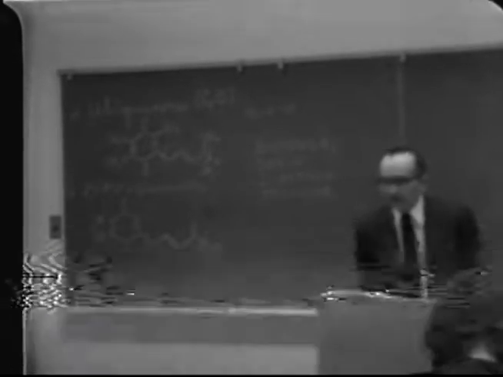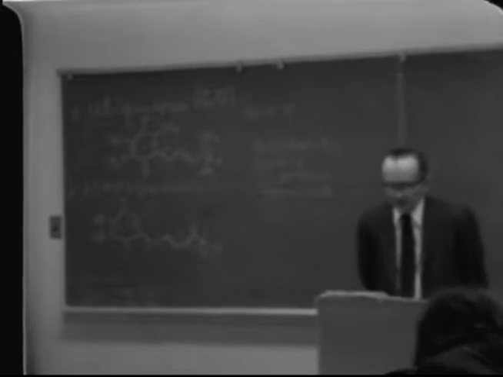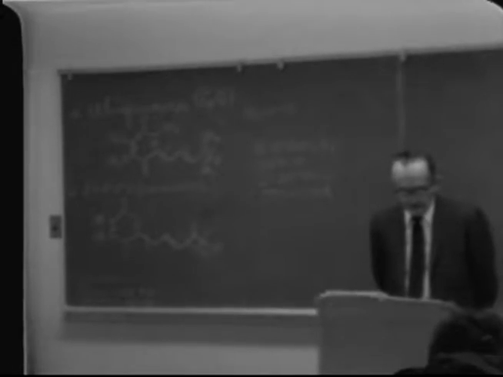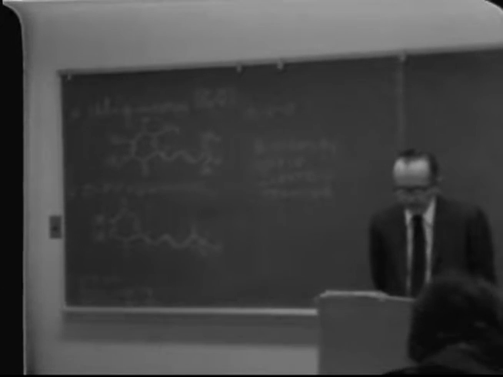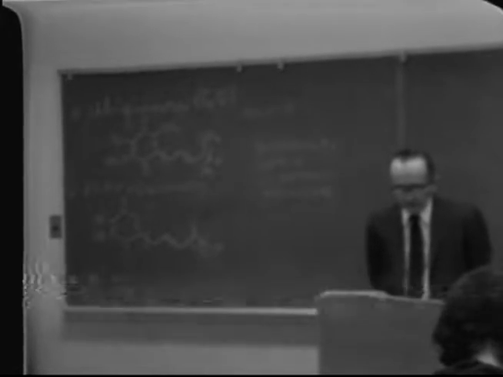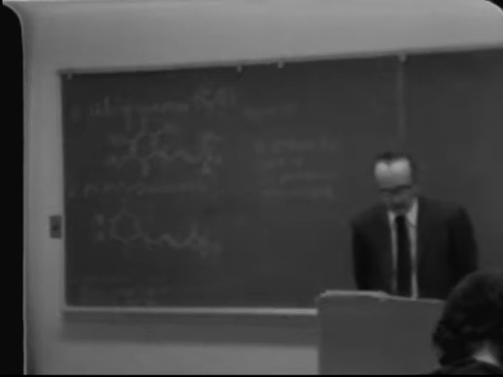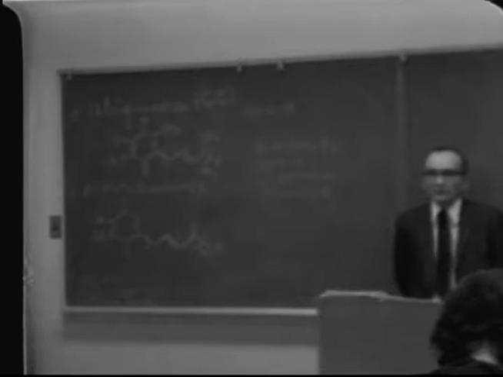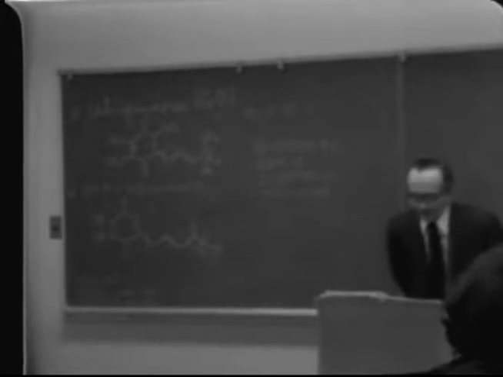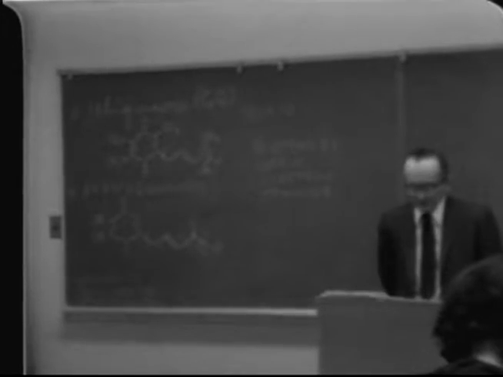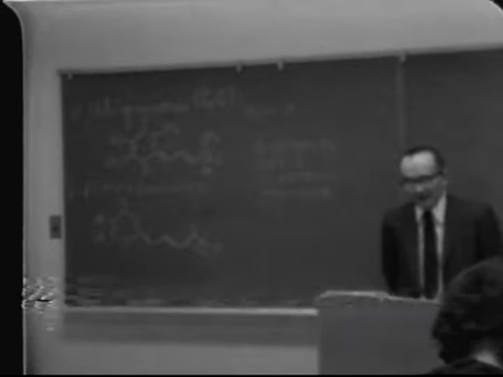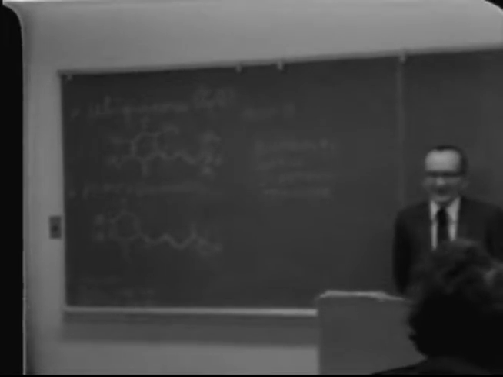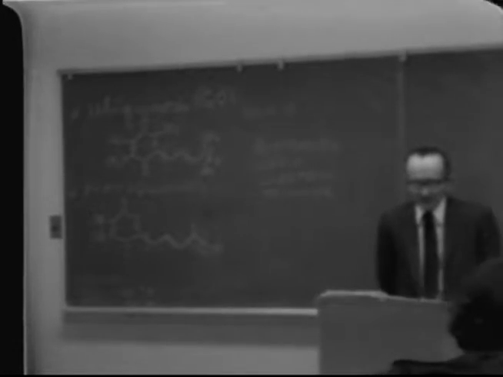Well, the cashew family might not mean very much to you, and it didn't to me until I began this sort of study, but it includes not only Anacardium occidentale, which is the cashew, but it includes the mango, which is the tropical tree fruit that anybody that's been to the tropics knows and probably loves, or hates, as the case may be. A few people don't like it, but mostly people do.